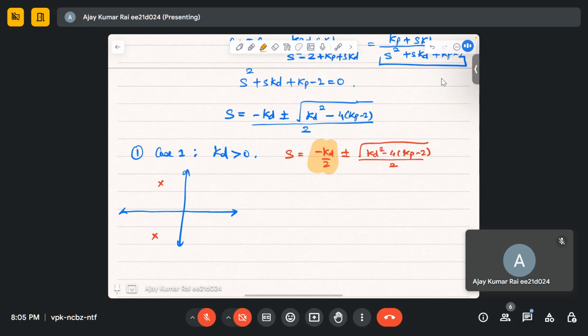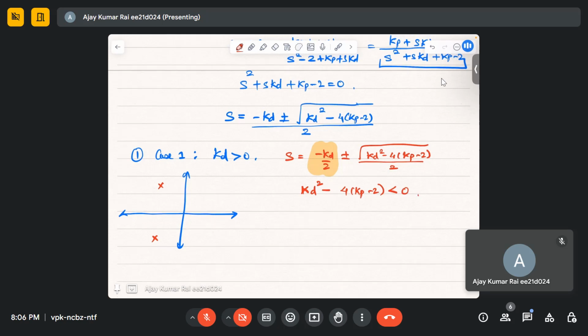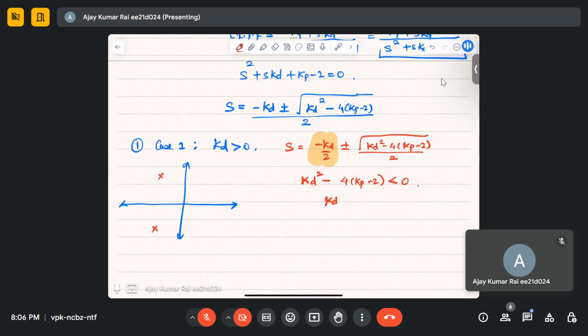So I can say the system is stable, right? Because the poles are lying in the left hand side. For that, Kd is greater than 0 and also Kd square minus 4 into Kp minus 2 is less than 0, right? I want this to be imaginary. So Kd square is less than 4 into Kp minus 2.